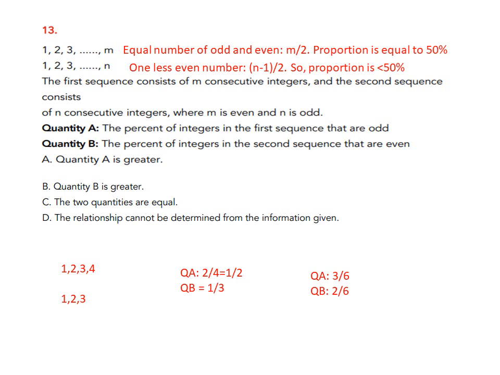So the proportion of even integers is less than 50%. So what would be the numerator? That is n minus 1 divided by 2. So in this way, we can use our conceptual logic or we can take a numerical example. In both cases, the answer will be A.